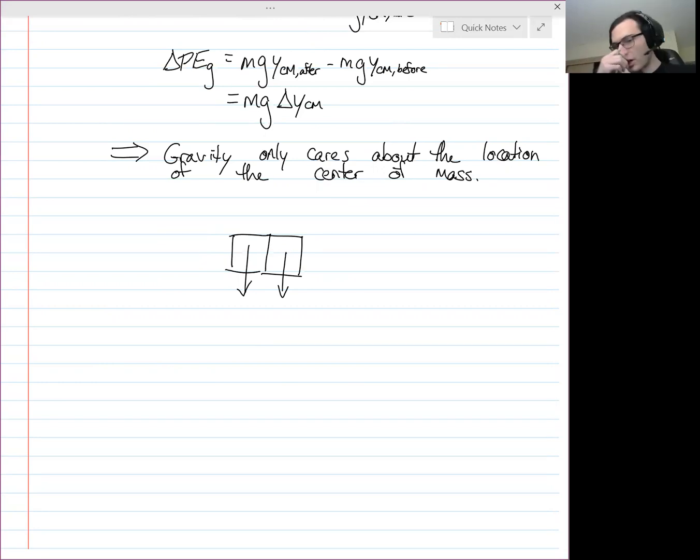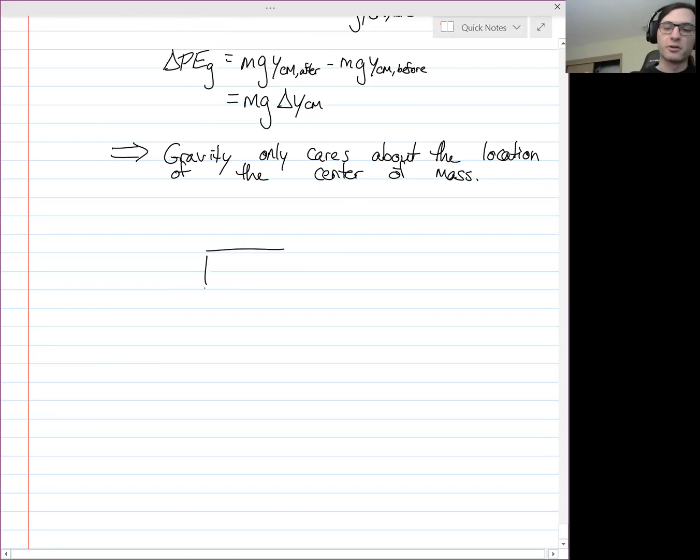But now let's say that we're talking about torque. Let's say that we have those two blocks, and they're glued together, but they have to pivot about, let's just choose the center point, where the center of mass actually is, which makes it easier.